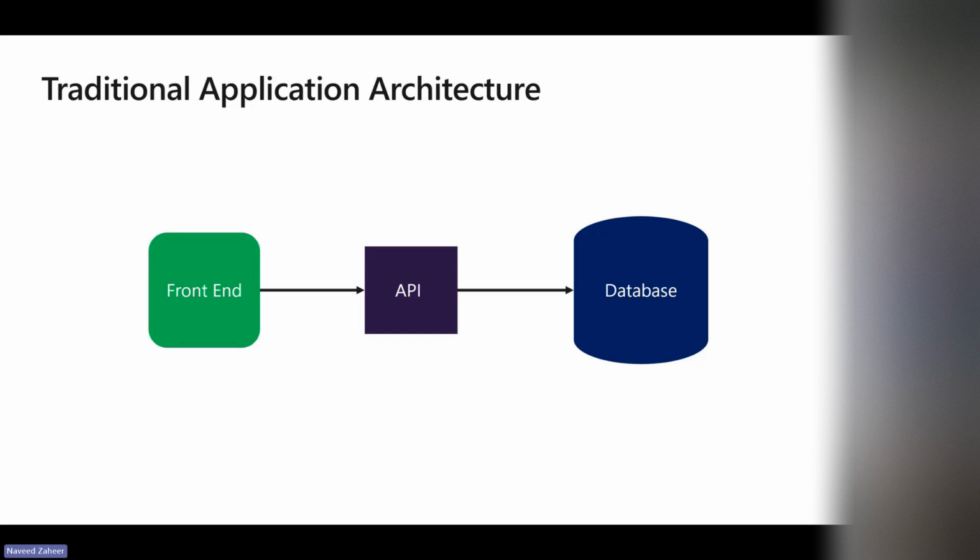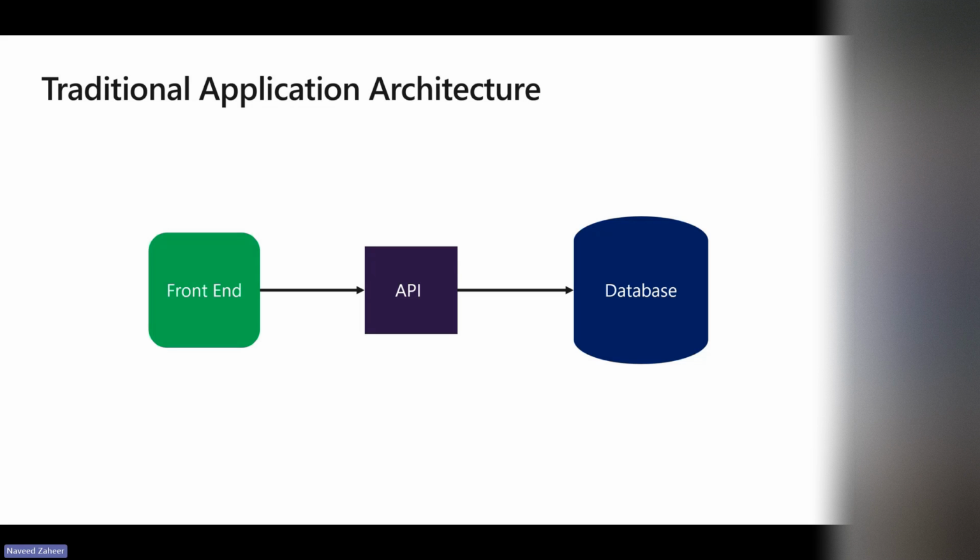That can be SQL, that can be Cosmos DB. Then you have an API sitting on top of it that provides a subset of this data for your application. And you may have multiple applications, and in that case, you may have multiple APIs as well. And then you have the front end.